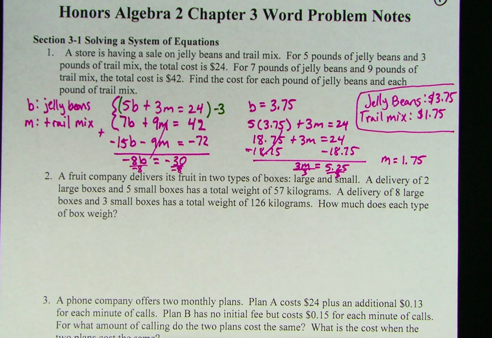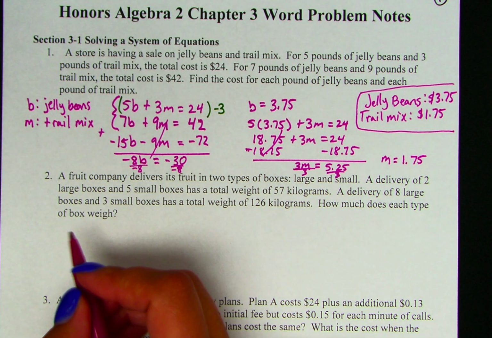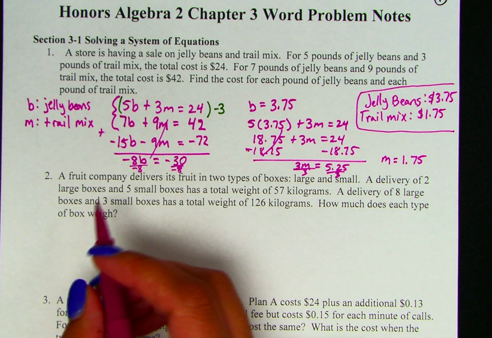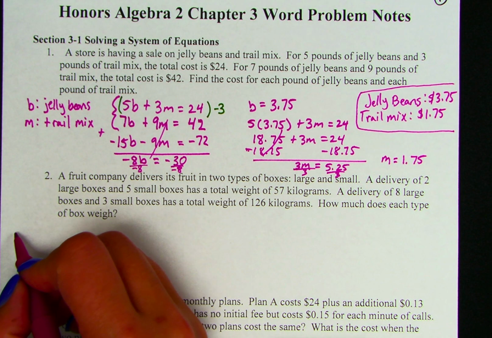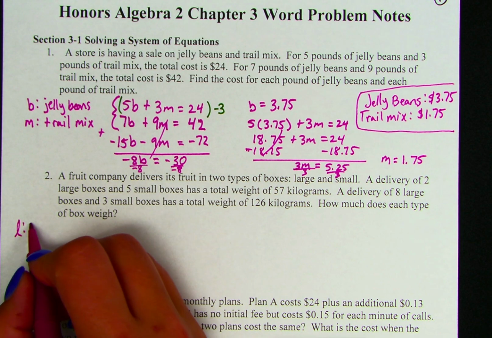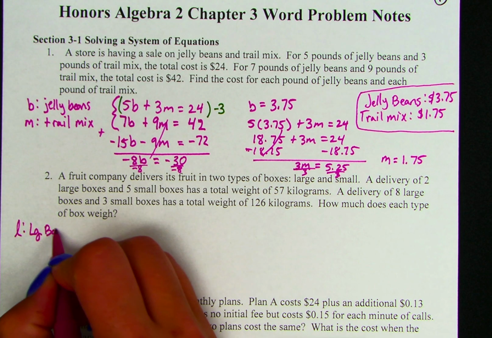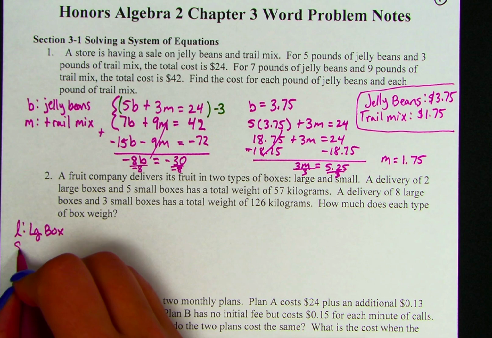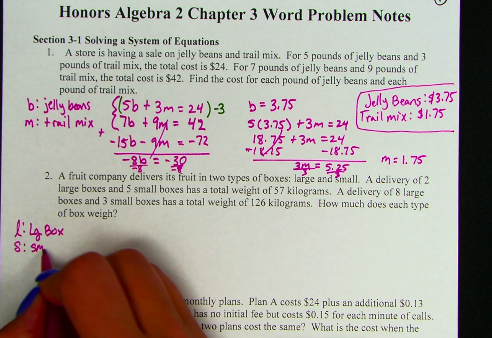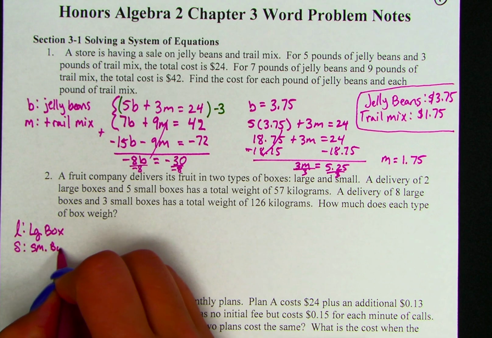How much does each box weigh? All right, so this one's going to be similar to our previous problem. So let's see here. I'm going to pick L to represent the large box and an S to represent the small box.